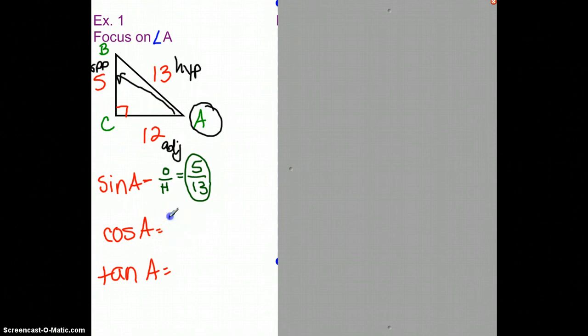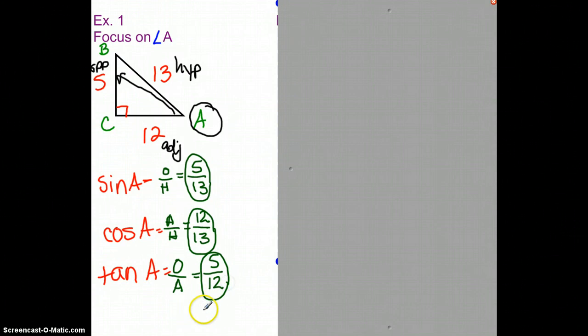Now to do cosine, it's adjacent over hypotenuse. Adjacent is 12. Hypotenuse is 13. Can't reduce it at all, so this is my final answer. Now tangent is opposite over adjacent. Opposite is 5. Adjacent is 12. They don't have anything in common, so that's your final answer.